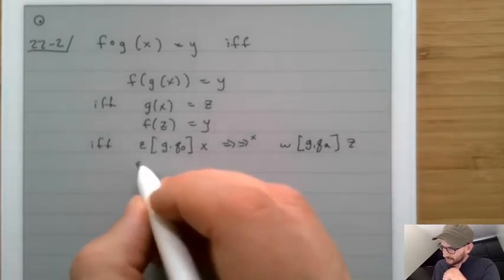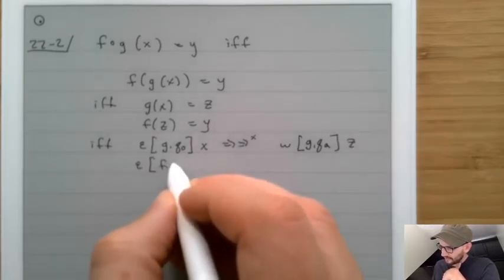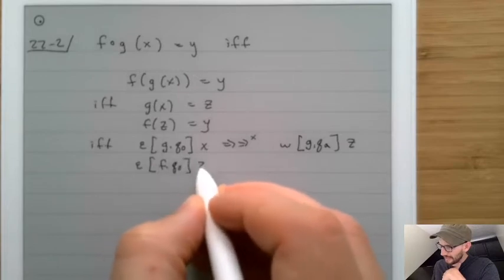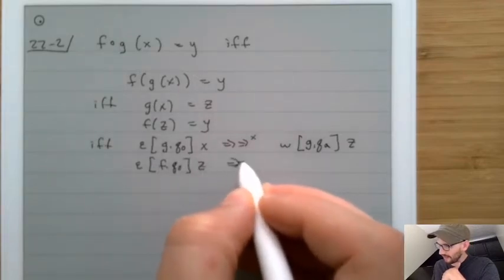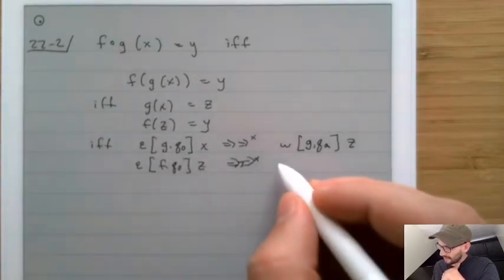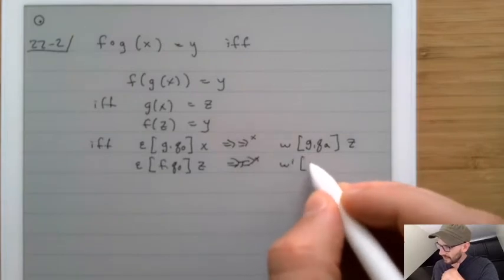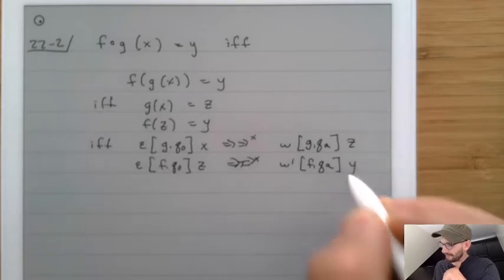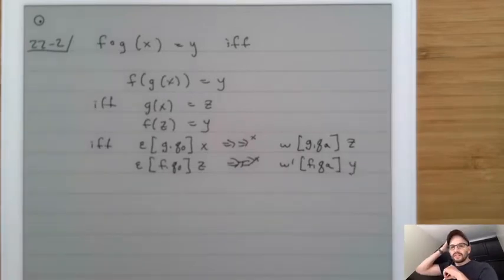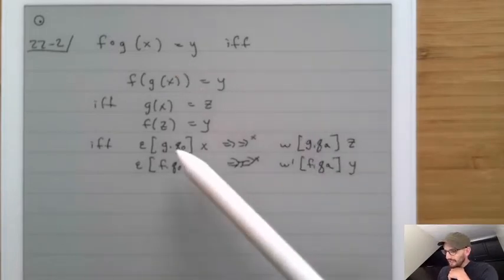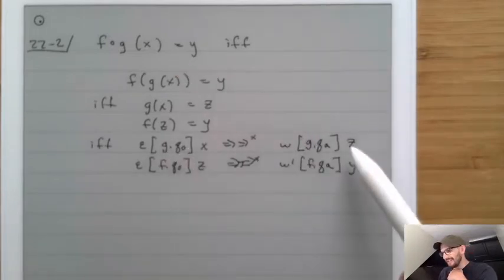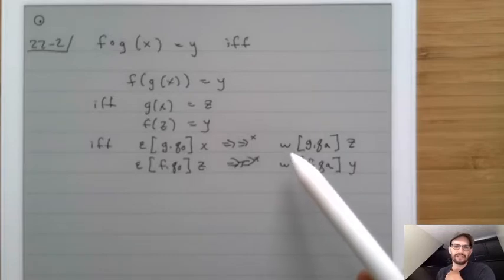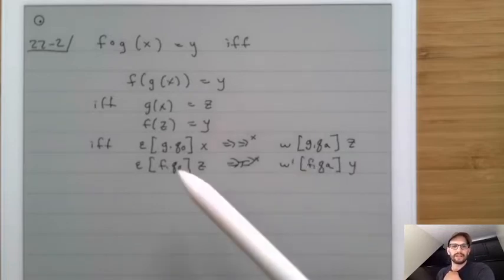Then if we take epsilon and we run on f's q0, looking at z, we run for a while, and then we'll get some other string, w prime, and we'll get f's qa and y. Okay? So it's fairly straightforward what we need to do. Basically, the way that we can do function composition is we can run g, and then when it's done, all we need to do is add a little extra step that goes and erases w and turns it into epsilon.